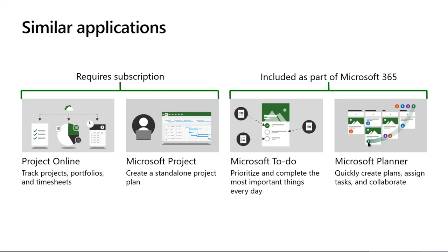Microsoft Project is a desktop application that is great for creating schedules where you want to organize your work in phases for a standalone project. Both Microsoft Project and Project Online are subscription-based products, and Microsoft To Do lets you list all of your tasks and sort which ones are most important.